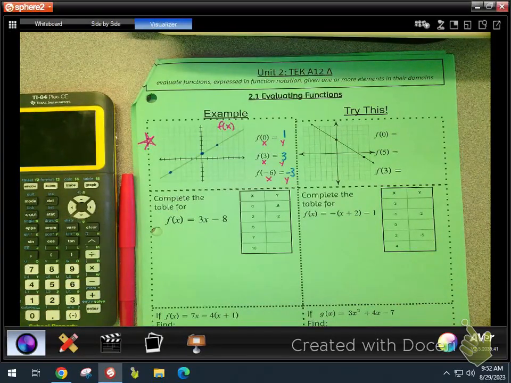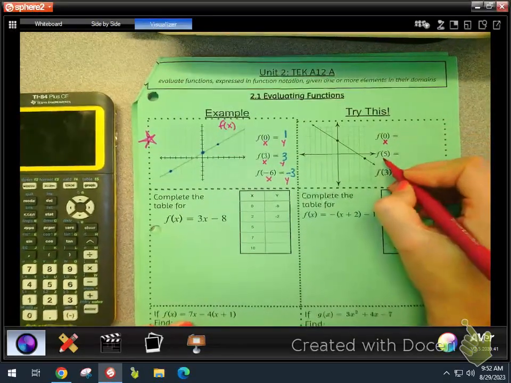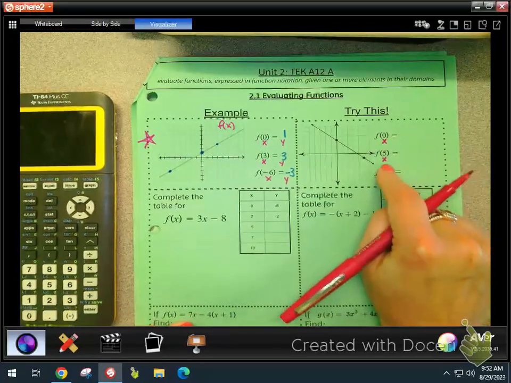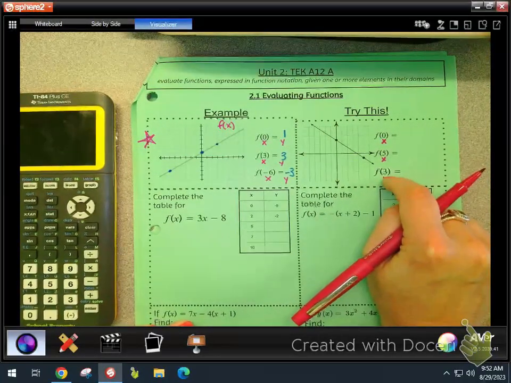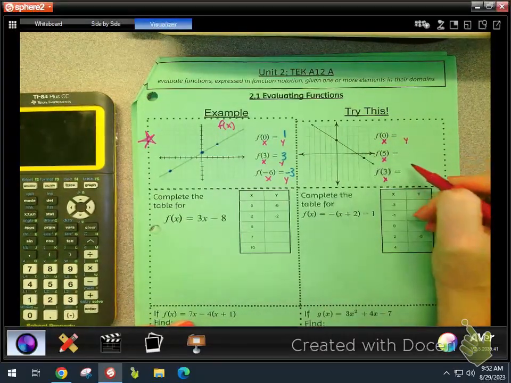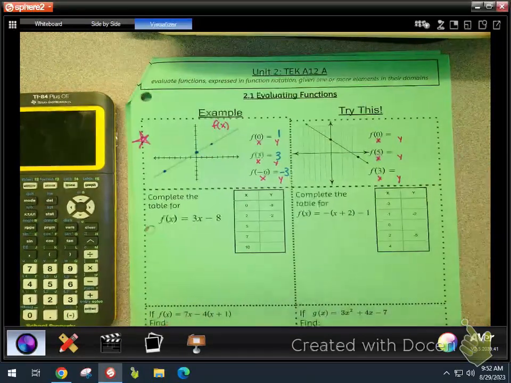If it's a straight line or a curvy line or multiple little pieces, you're just looking at an X, finding a Y. This is really good to help you start practicing plotting points because that was something last year we struggled with. And do y'all see how I'm writing underneath each of these parentheses that it's an X? If that helps you, I'm looking at this X and I'm finding the matching Y. Write that out so you know what you're looking at.